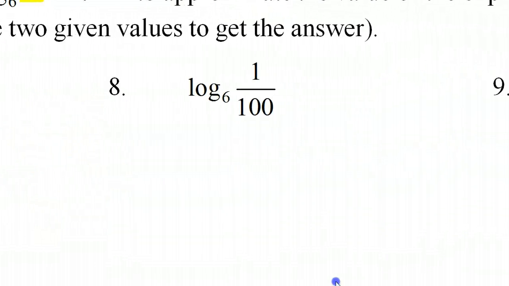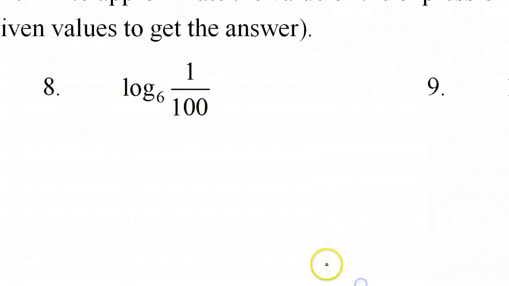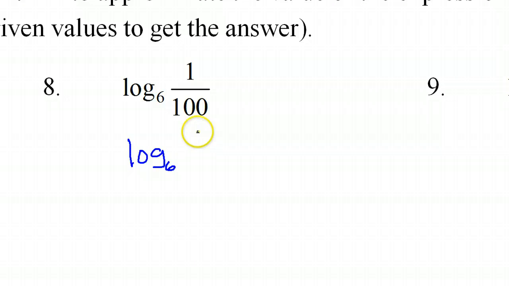Okay, here comes number 8. Remember, we want 4s and 10s, 4s and 10s. Well, I'm looking at this 100, and I feel a 10 coming. So let's see, we have log base 6 of 1 over, now 100 can be written as 10 squared. Now, see how that's in the denominator?